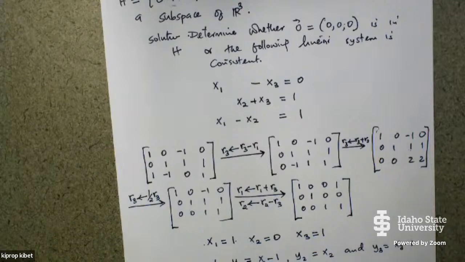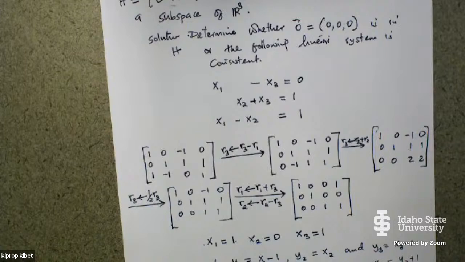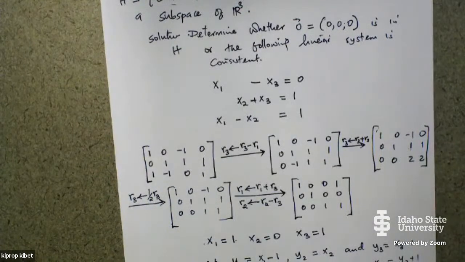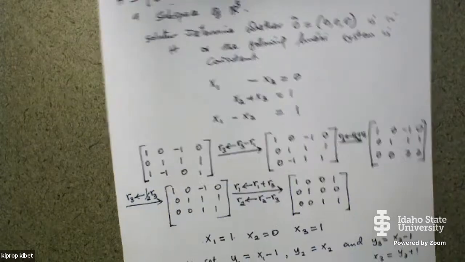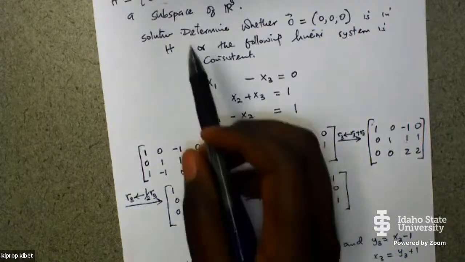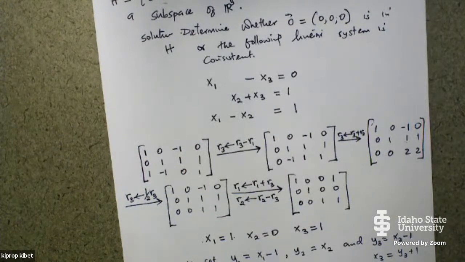This will remain like that, and then x3 is equal to y3 plus 1. So when we replace all this into the solution up here, our H will now be equal to x1. So our x1 is y1 plus 1, and then minus x3, x3 is y3 plus 1.